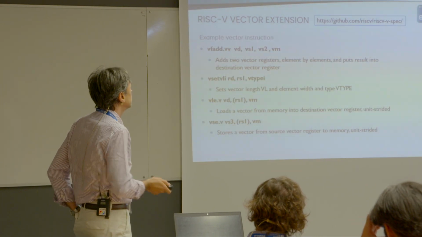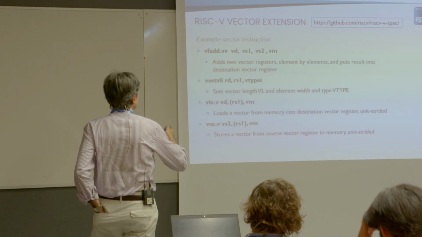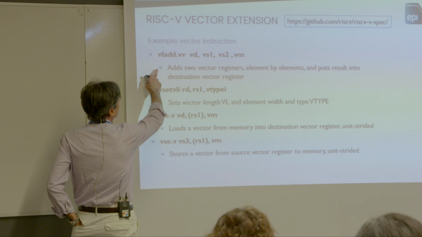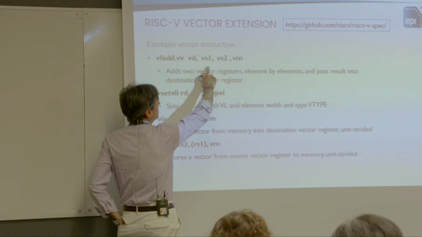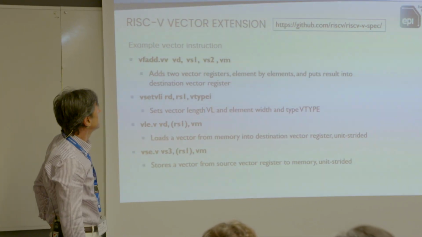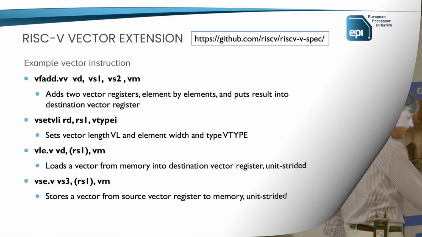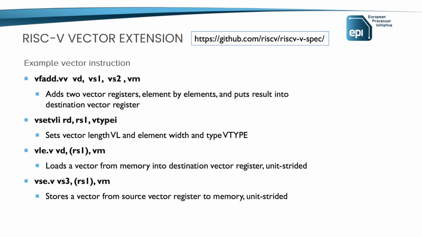So some examples of vector instructions for those that are not familiar with them. For example, addition: you have the addition of two vector registers, element by element, and you store back the result into a third vector register.